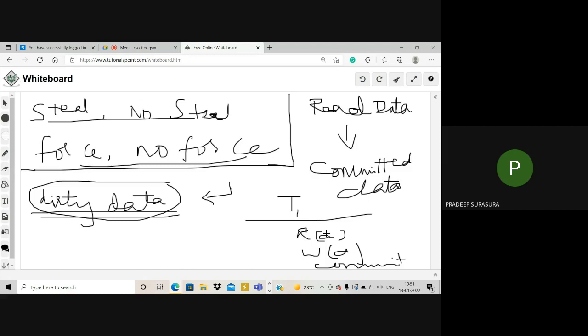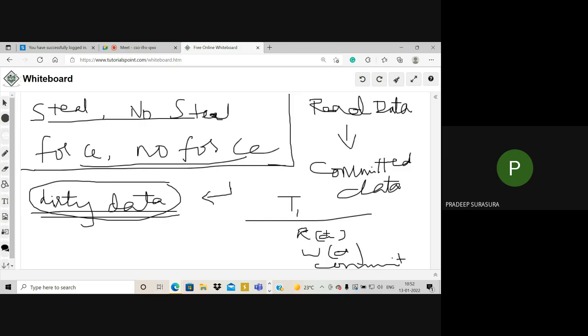Steal means data is altered, data reading or updating. Once the data is updated, it has become dirty. From committed data, data becomes dirty. No steal means data has not become dirty, nobody has altered the data, so we say no steal.